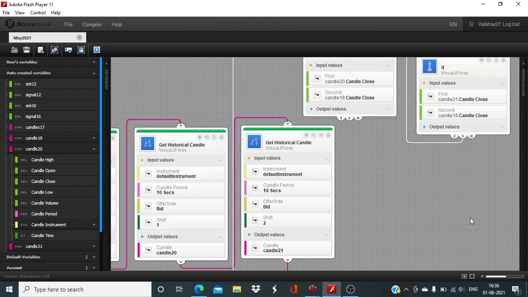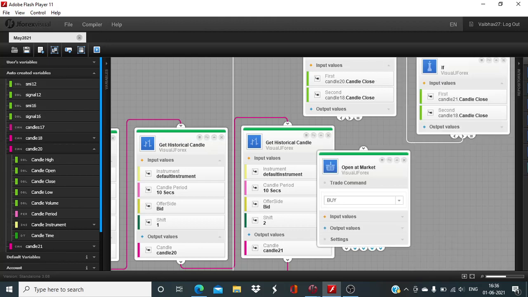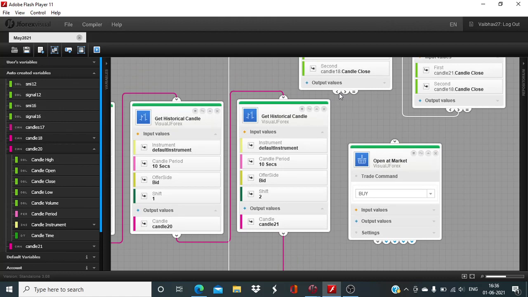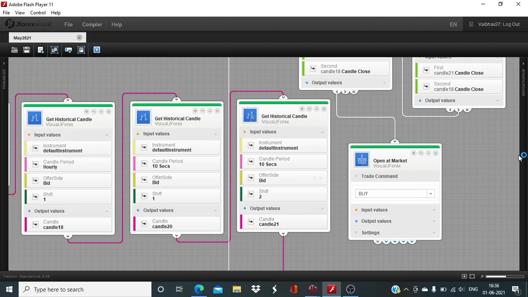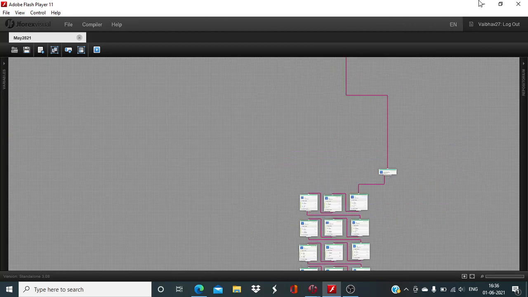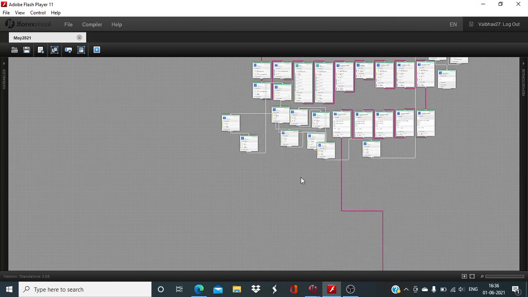So in this case it is going to be first input less than second input. Now that we are done with the defining of the requirements, we can bring in market block. I will arrange these blocks in no time.